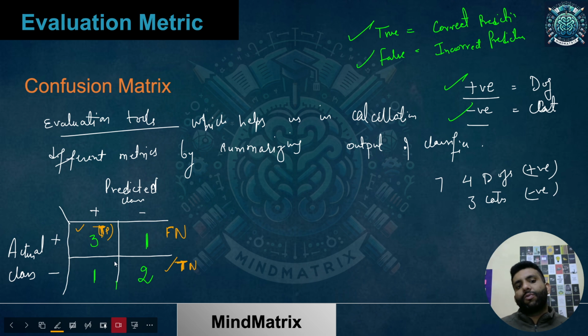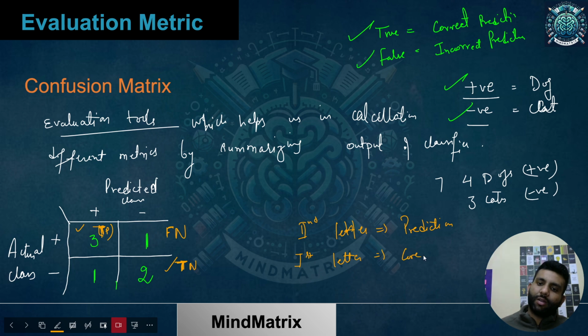So whenever we write, that is according to the second letter. Second letter is for prediction, that is, what was predicted, and first letter is for correct or incorrect. So if it is correct, it is true.